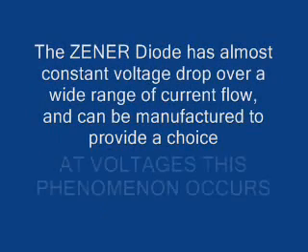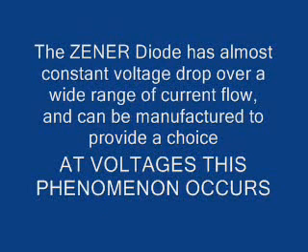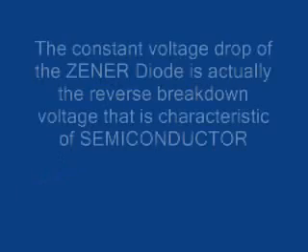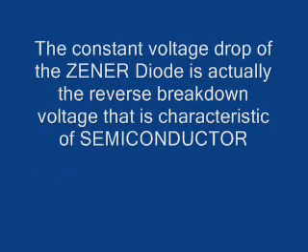The Zener diode has almost constant voltage drop over a wide range of current flow and can be manufactured to provide a choice of voltages at which this phenomenon occurs. The constant voltage drop of Zener diode is actually the reverse breakdown voltage that is characteristic of semiconductor.